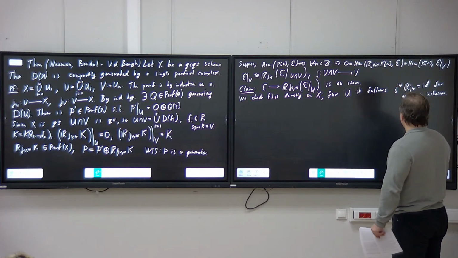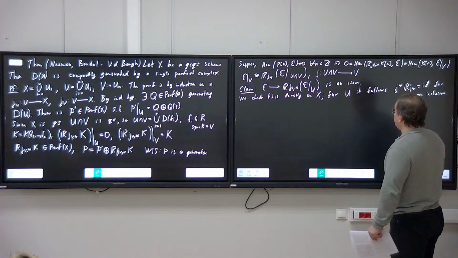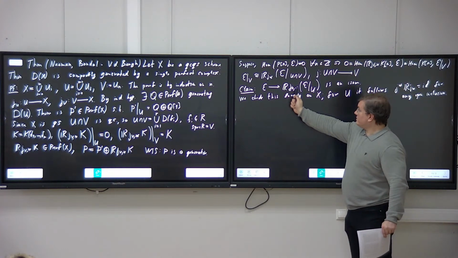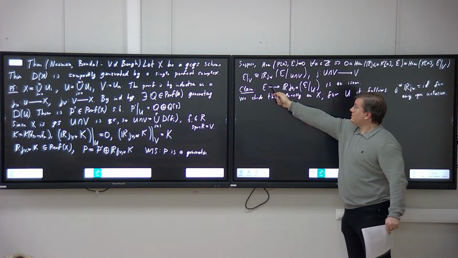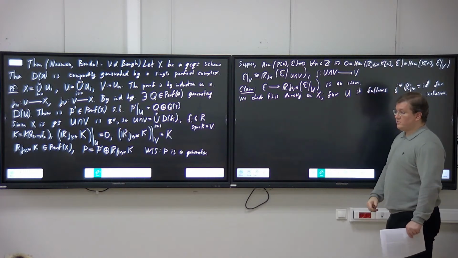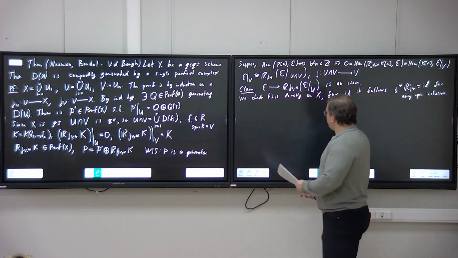So I restrict everything to U, this restriction cancels this thing, and what I get is E restricted to U is isomorphic to E restricted to U. So on U this is clear.